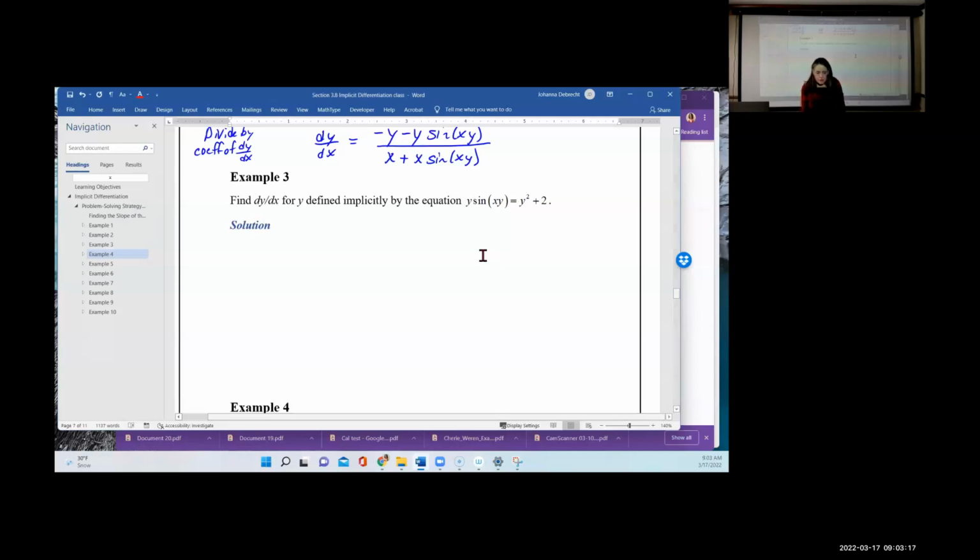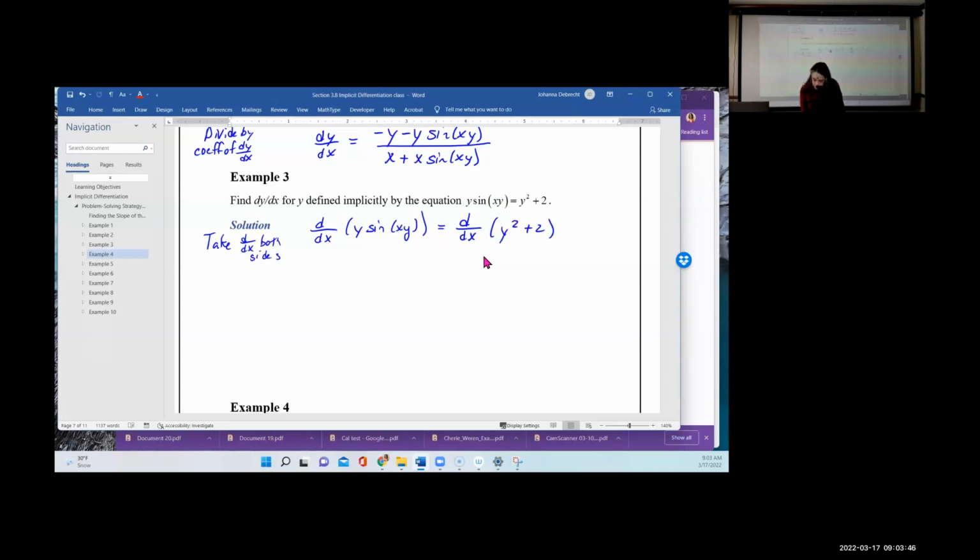So the first thing that we're going to do is take the derivative of both sides. We take the derivative with respect to x of the left side of the equation, which is a product between y and the sine of xy. And then we take the derivative of the right side, which is a sum, y squared plus 2.